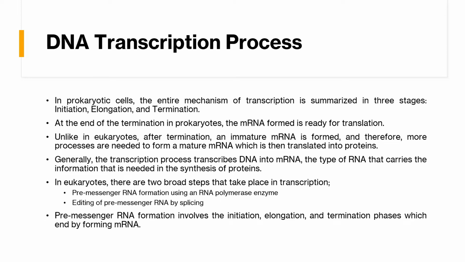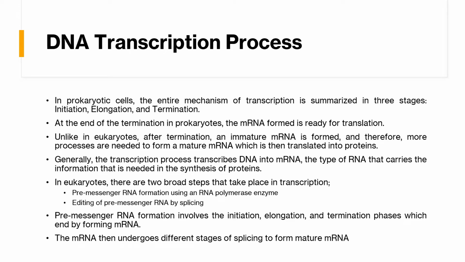Pre-messenger RNA formation involves the initiation, elongation, and termination phases, which end by forming the mRNA. The mRNA then undergoes different stages of splicing to form mature mRNA.